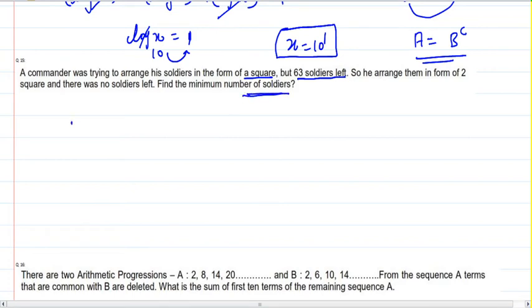I understand when this person tries to arrange in a square, some value is left out, 63. But when he tries to arrange in form of two different squares, nothing is left out of the number of soldiers.